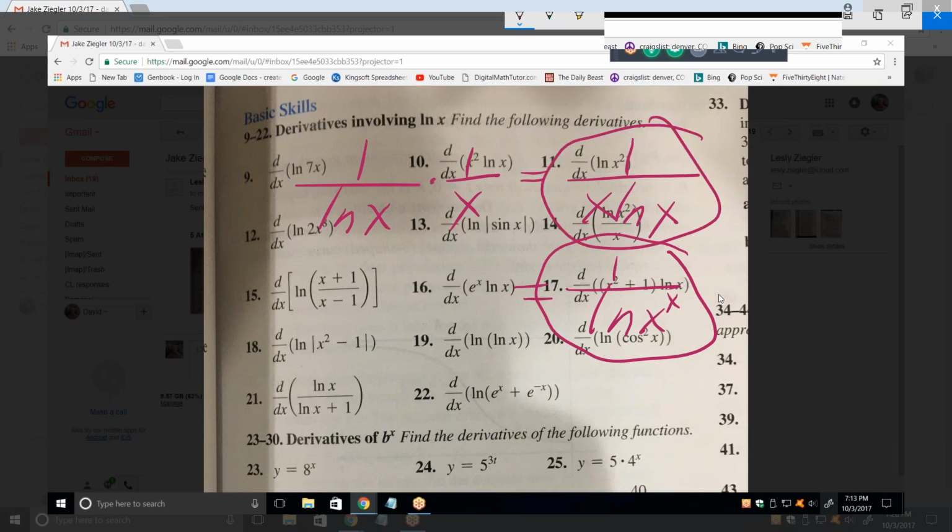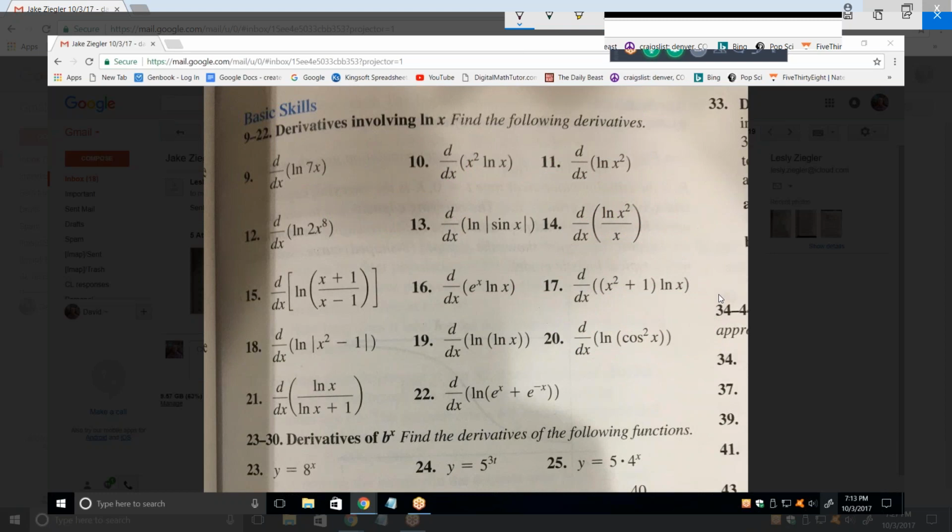You don't see this very often, where you have x to the x power, but you don't necessarily need to put it into that format. Okay, so that wasn't as hard as it looked. It's actually pretty easy. Just follow the rules. Take the derivative of the outside, multiply it by the derivative of the inside.